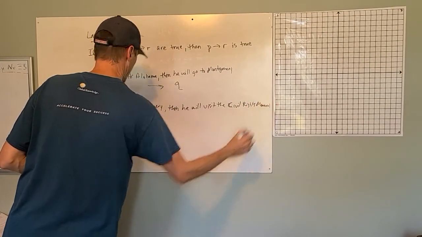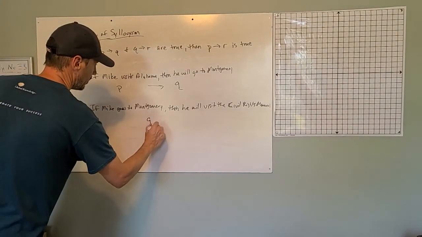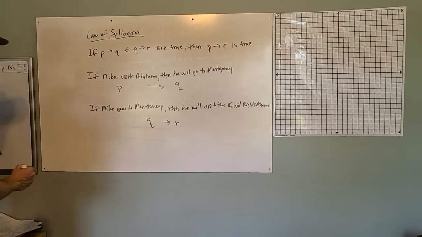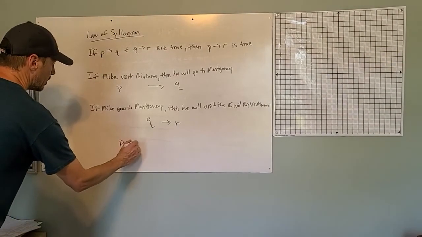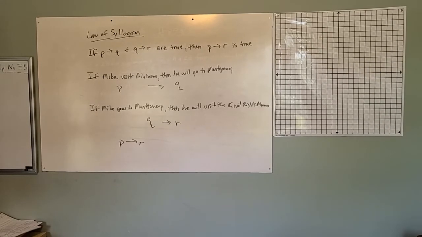So that's our example in the book of what Q and R are. So this is Q and this is R. So do you see then if those two statements are true, then we could also see that P implies R. Wouldn't it also be true then if Mike visits Alabama, then he will visit the Civil Rights Memorial? Yes. Do you see how that has to go together? So that would be our final P.